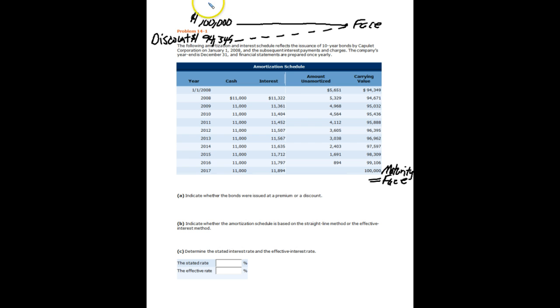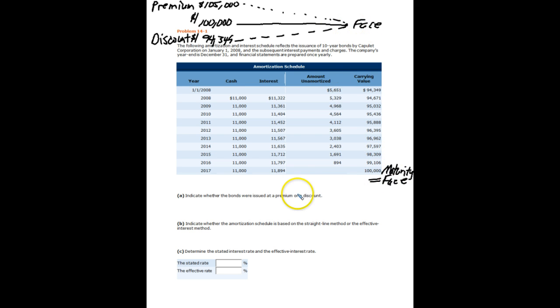And we can see the same thing if the bonds had been issued at a premium, let's say $105,000. When the bonds are issued at a premium, likewise, that premium gets amortized back, so that at the end of the life of the bond, its carrying value equals the face amount.